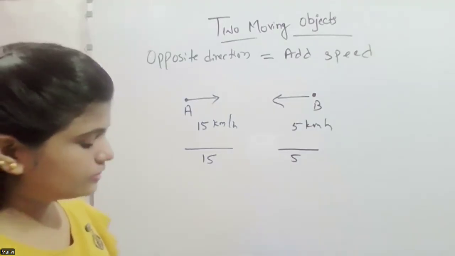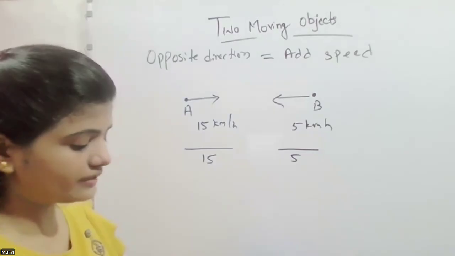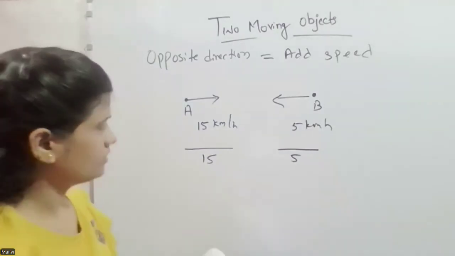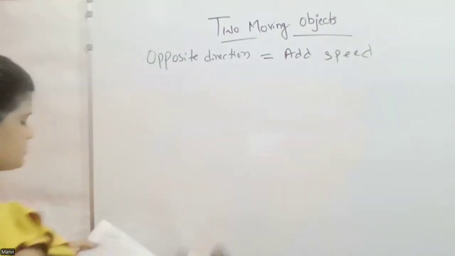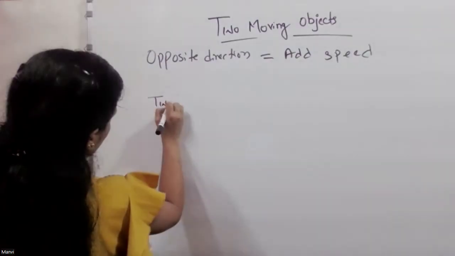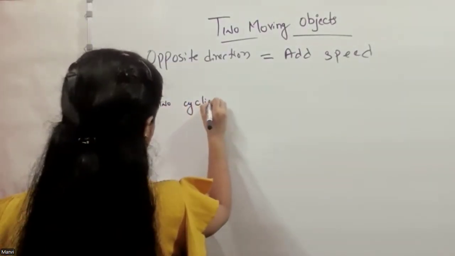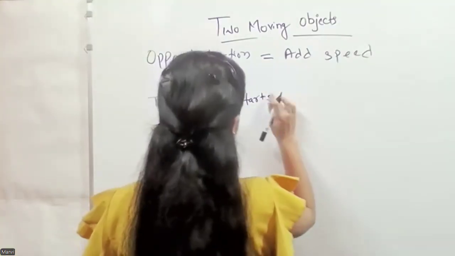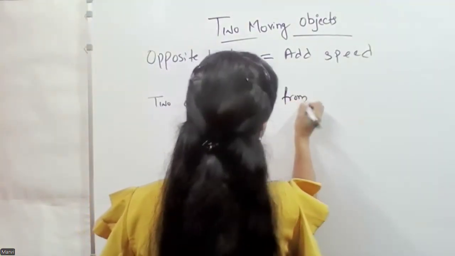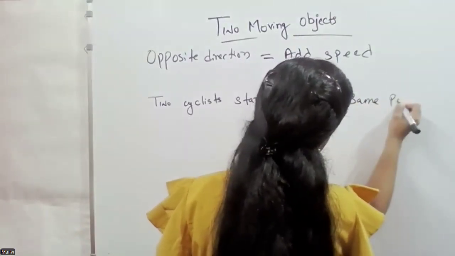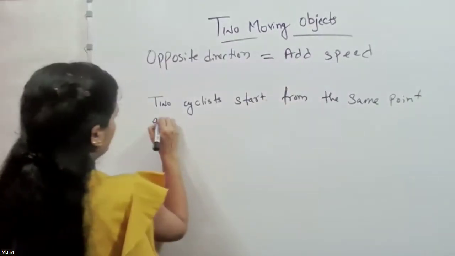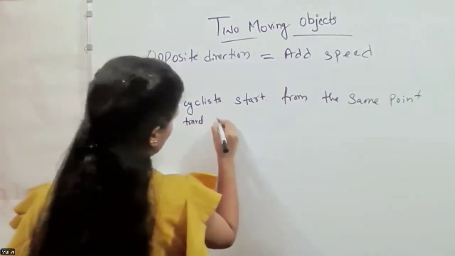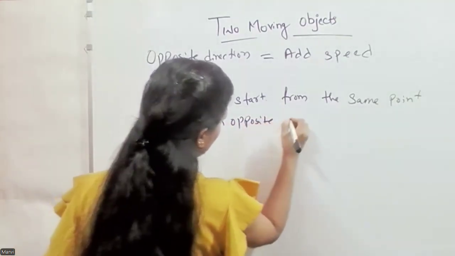For example, two cyclists start from the same point and travel in the opposite direction.